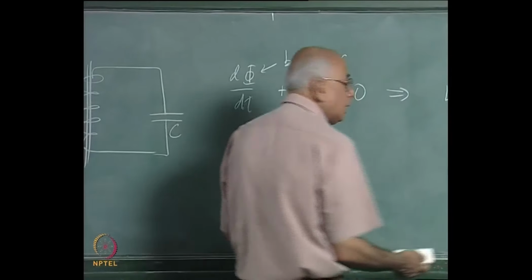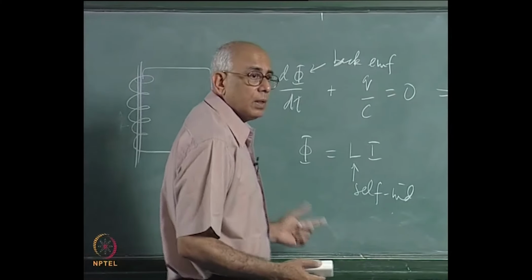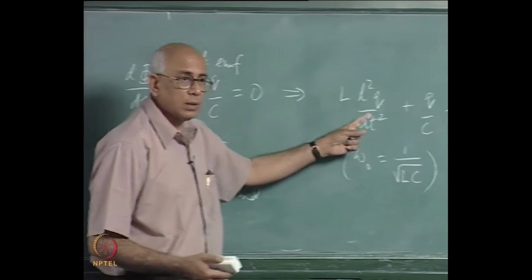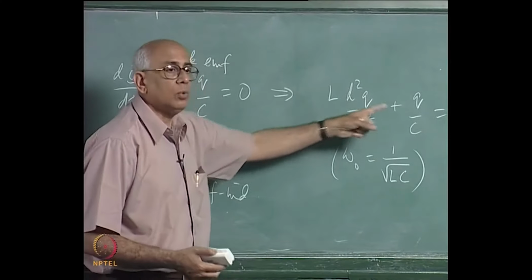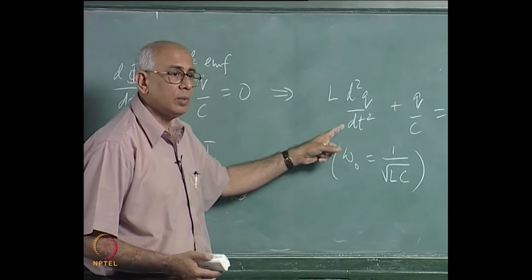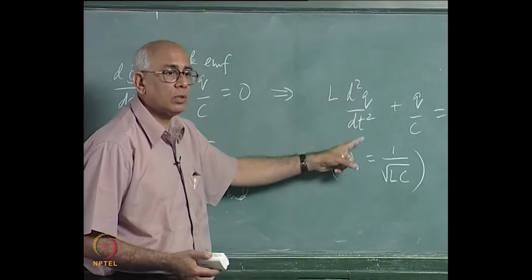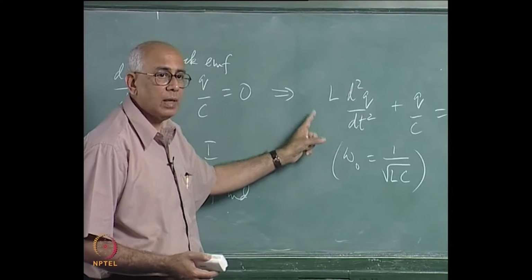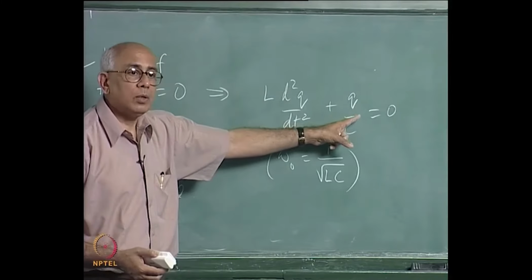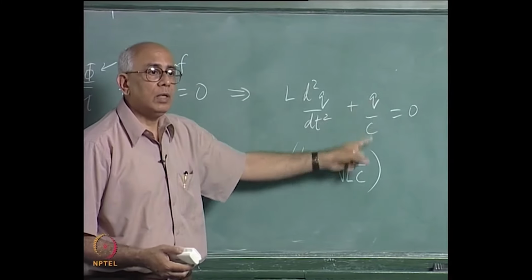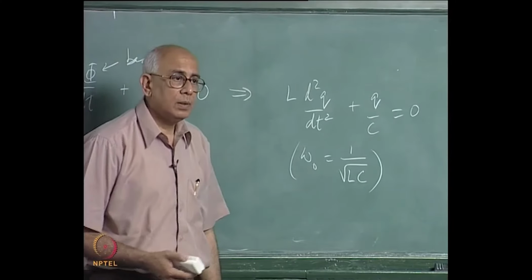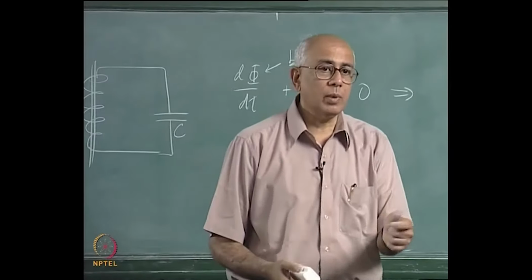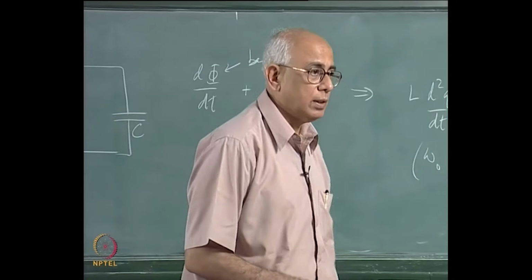What we need to do is to integrate this equation, and the conventional way to integrate this equation is utterly trivial. You multiply by q dot on both sides, and then you observe that this is d over dt of q dot squared apart from a factor L, and this is d over dt of q squared, and therefore you get q dot squared plus q squared equal to constant, which is the harmonic oscillator.